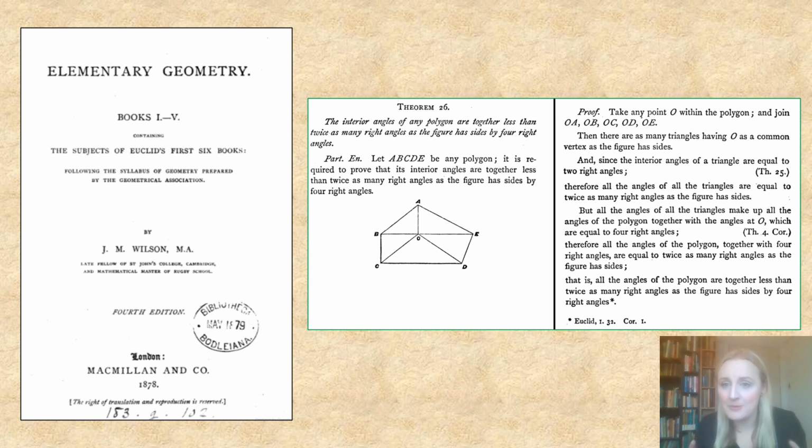The wording is appalling. Luckily, our vocabulary has improved, and the way we explain things has improved. And I'll show you in a minute a little bit more about this idea of thinking in right angles. They very much used to think in right angles, and now we talk about 180 degrees, whereas then it was all about how many right angles there are, and everything was right angle based.